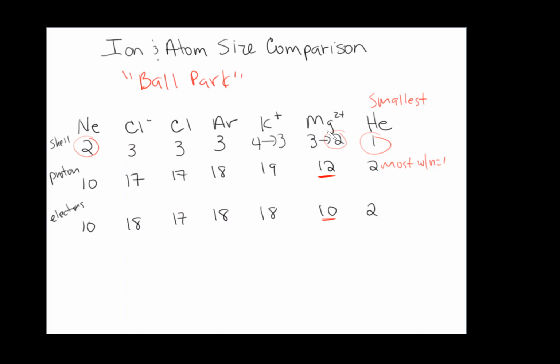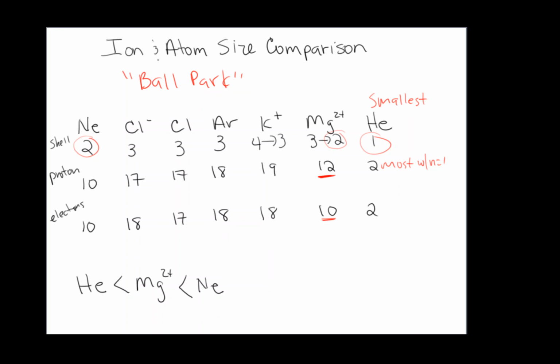So the magnesium is going to suck in tighter or shrink more than the neon. So the magnesium is going to be next. So let me start a little chart here. I am saying helium is the smallest, and then magnesium ion, and then neon. Okay, that takes care of N equals 2.